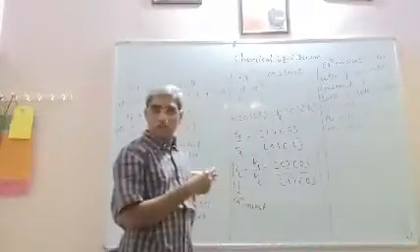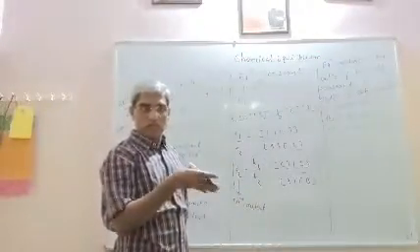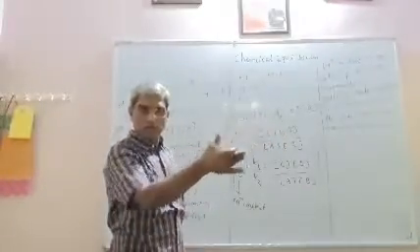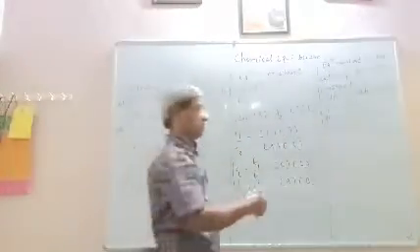Is it clear? The ratio of two rate constants, that is, the ratio of the rate constant of the forward reaction to the rate constant of the backward reaction.